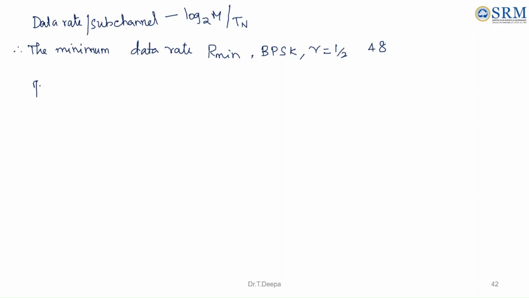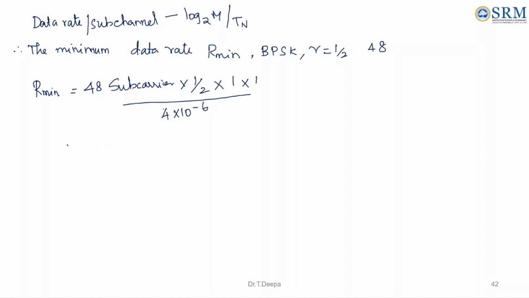So R_min is 48 subcarriers times the code rate 1 by 2 times 1 bit per symbol, divided by the symbol time of 4 into 10 power minus 6. So R_min is 6 megabits per second.